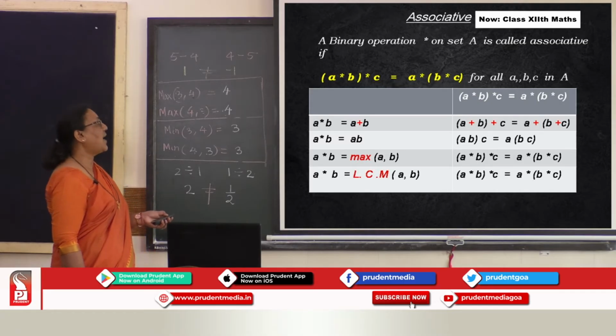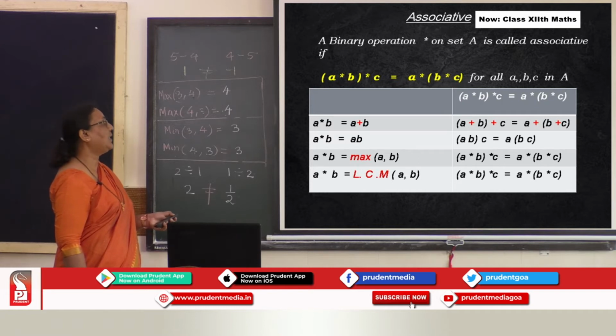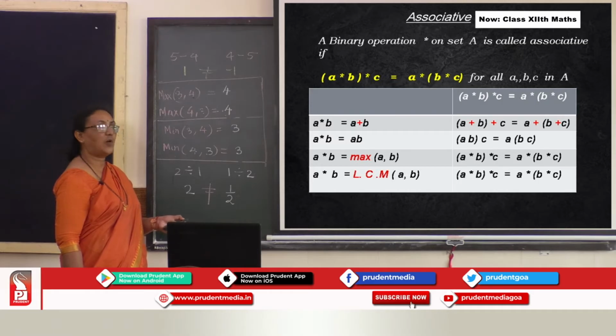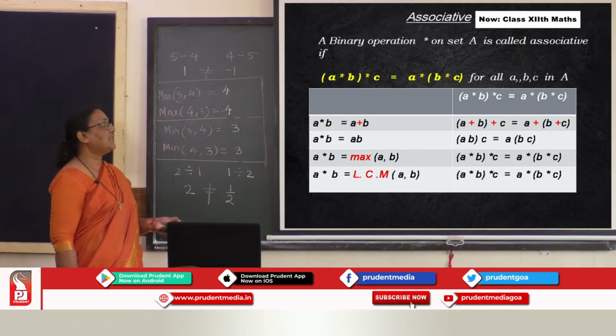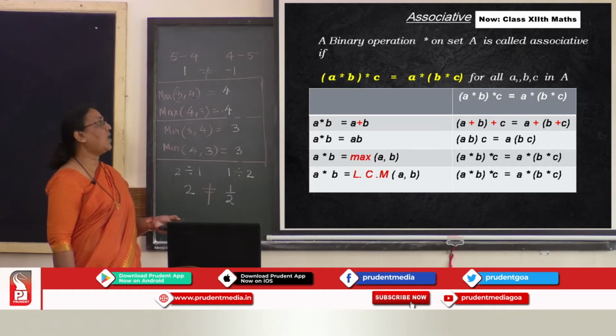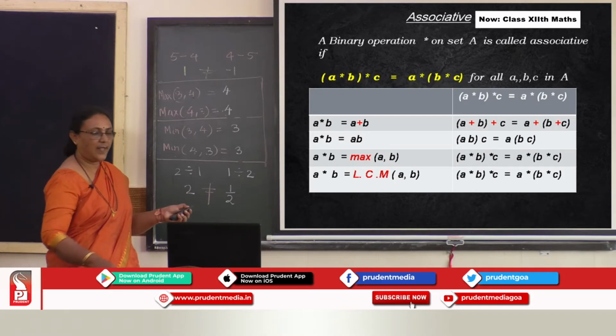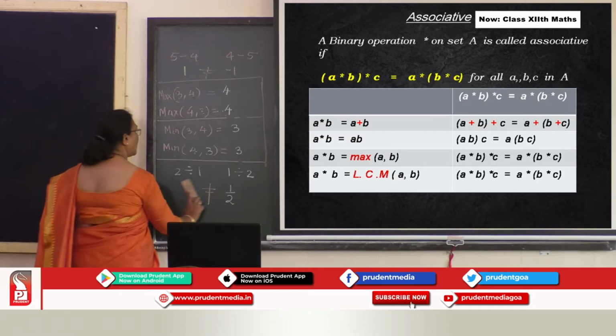Here A star B is A plus B. So I will add A plus B first, then add the answer to C, or add B plus C first and then add to A. If both sides the answers are the same, then the operation star is called associative.